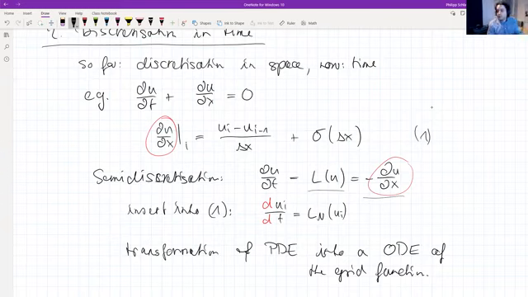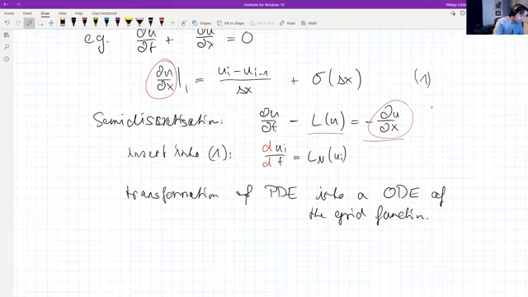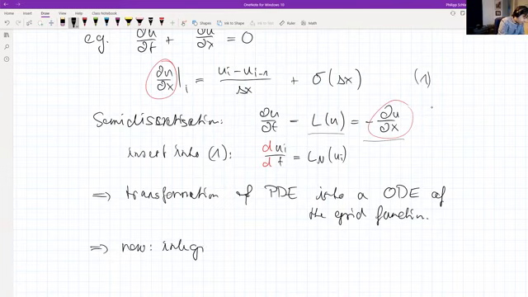So Runge-Kutta schemes, Adams-Bashforth schemes, etc. So that's what we need to do: integrate an ODE in time. That is now our purpose.